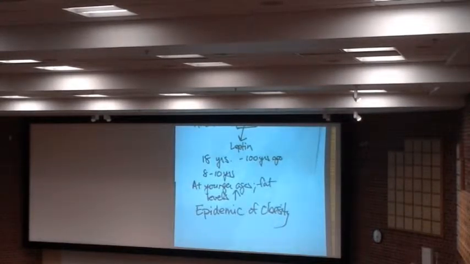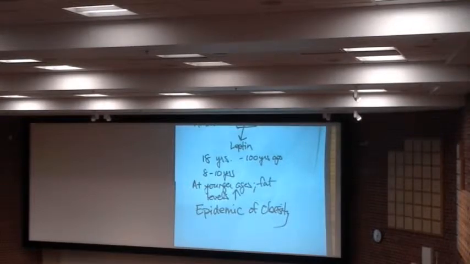This is going to produce drastic health consequences for your generation and subsequent generations, not just for your state of health, but for the state of the economy. Huge amounts of money are going to need to be spent because of this epidemic of obesity.